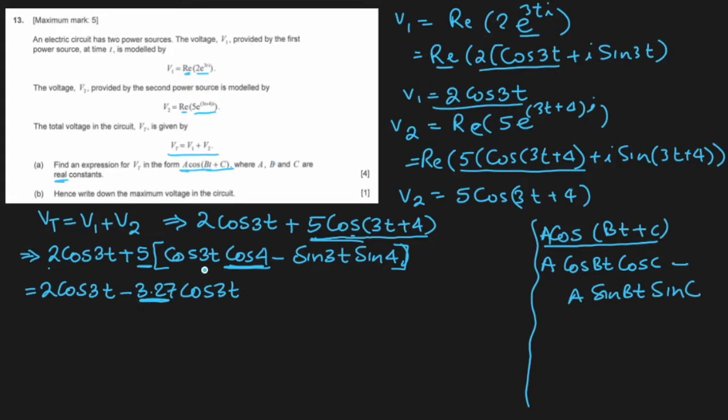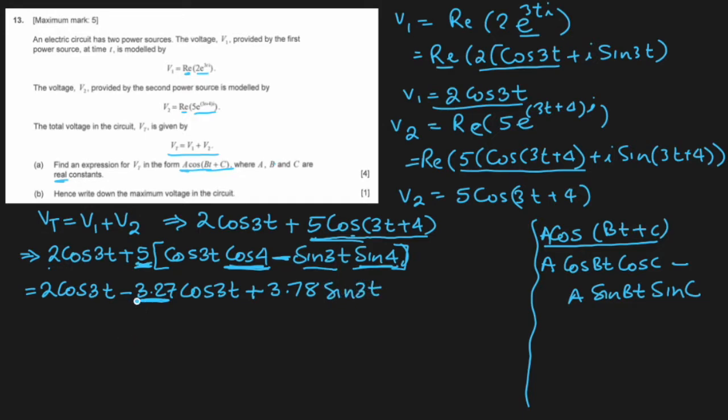So this is the multiplication of cos 4 and 5, and set your calculators to radians for this. Now we have to multiply sine 4 with 5. Sine 4 with 5 gives us negative 3.78. But since we have a negative here, it will become positive 3.78, and then we have sine 3t as sine 3t.